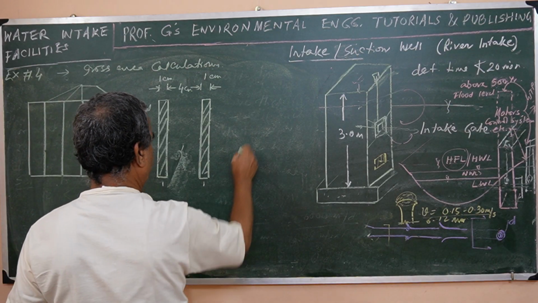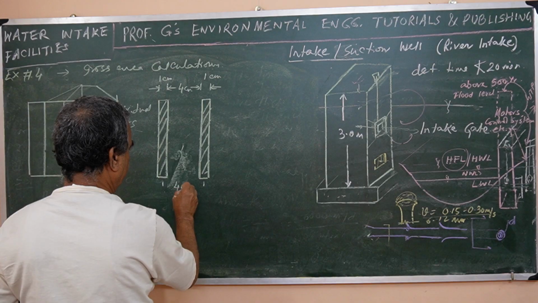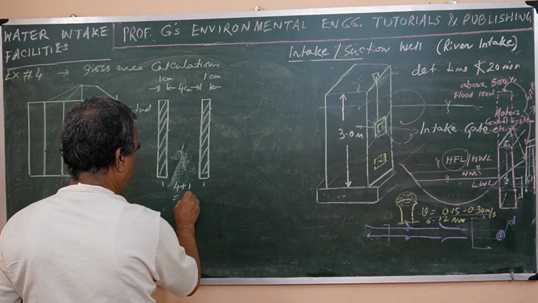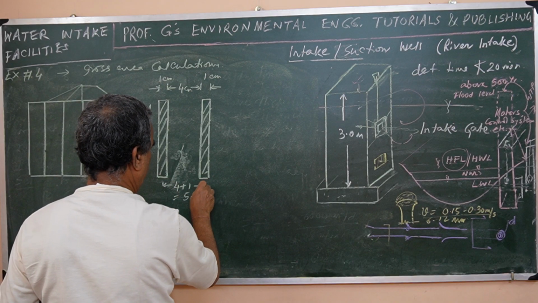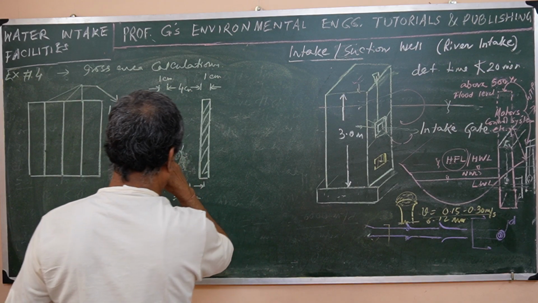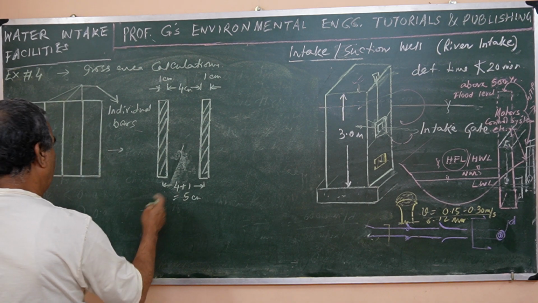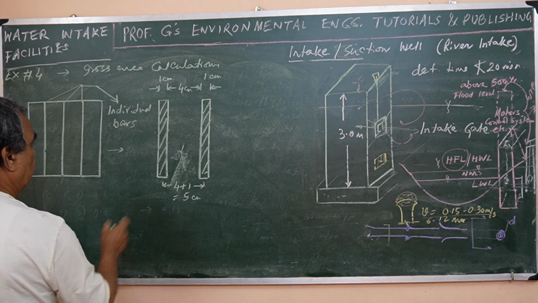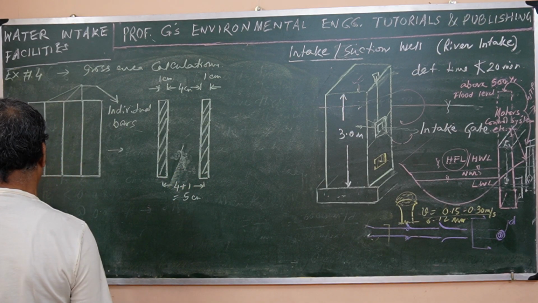Now the next bar also will be there. The center to center distance will be 4 plus 1, that is 5 centimeters. That is the average, the unit space occupied by a bar, meaning 2 bars will occupy on an average this space.